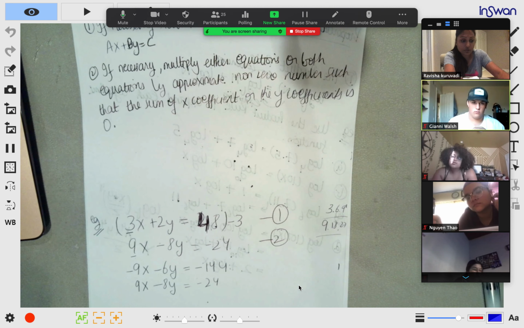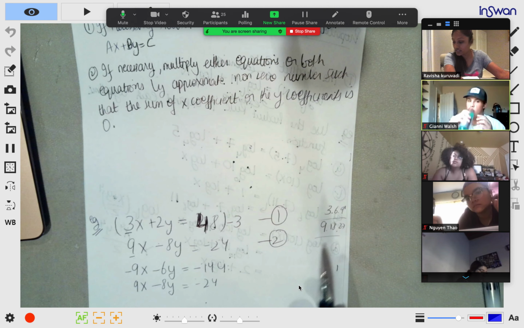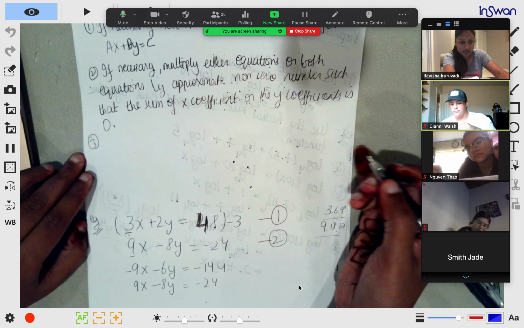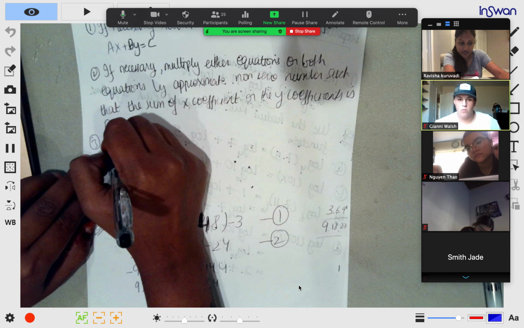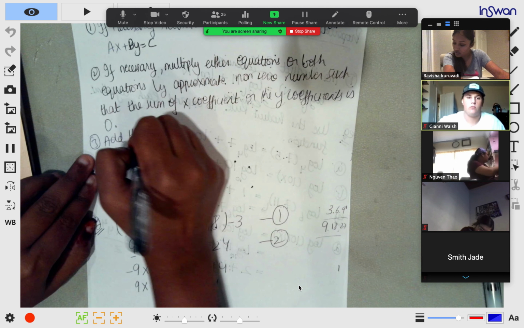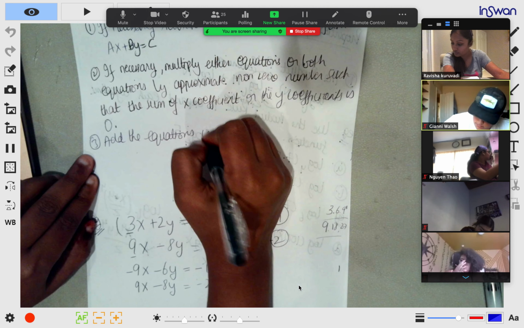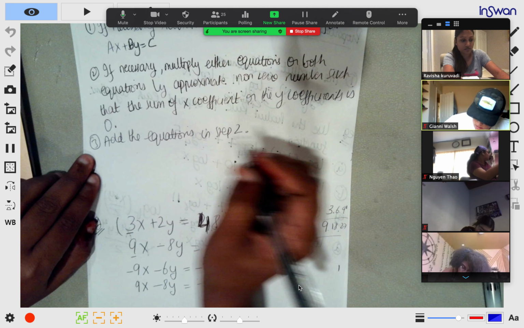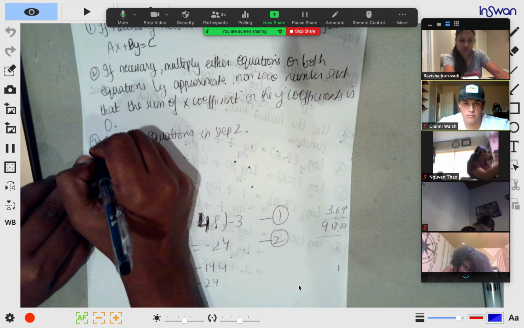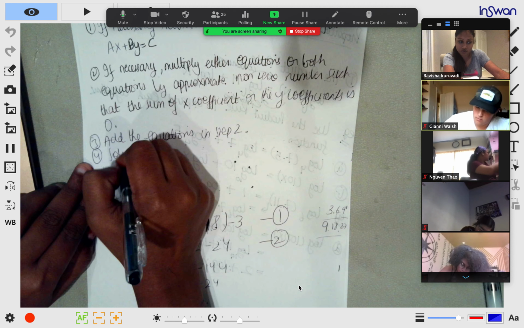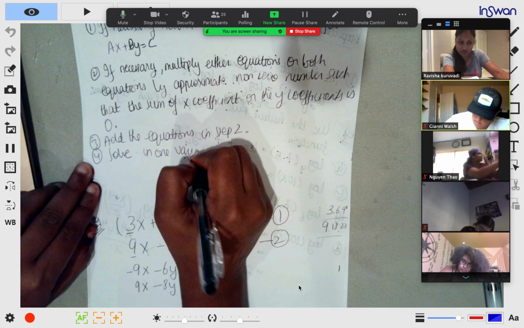Okay. Step 3 says add the equations in step 2. Step 4 says solve for one variable.